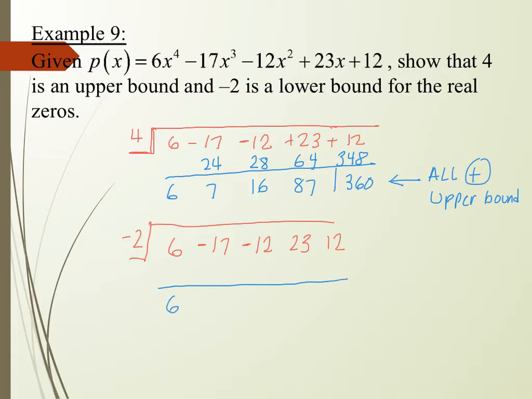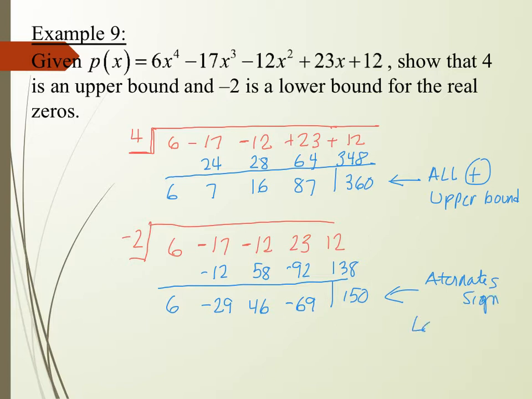We bring down a 6, we get a -12, we get a -29, we get a 58, we get a 46, we get a -92, we get a -69, and then we get a 138, and this becomes 150. Notice this alternates signs. So this is a lower bound.